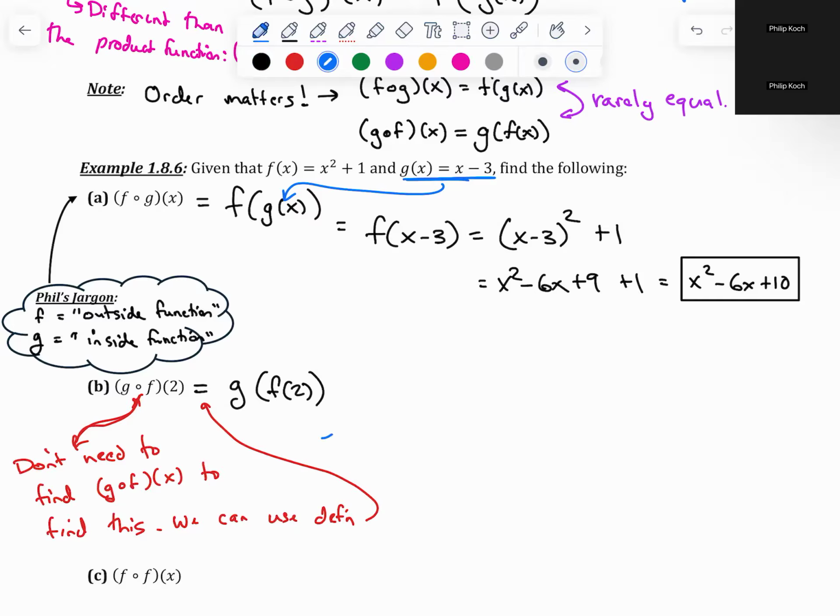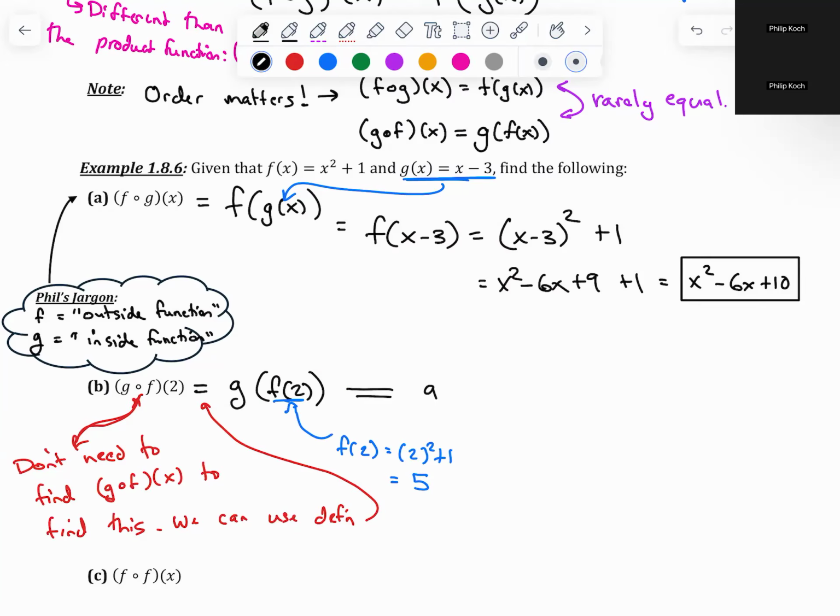So what is f of 2? F of 2 is going to be 2 squared plus 1, which is 5. So instead, we computed what f of 2 was, it's 5. So instead of g of f of 2, I can write what this is.